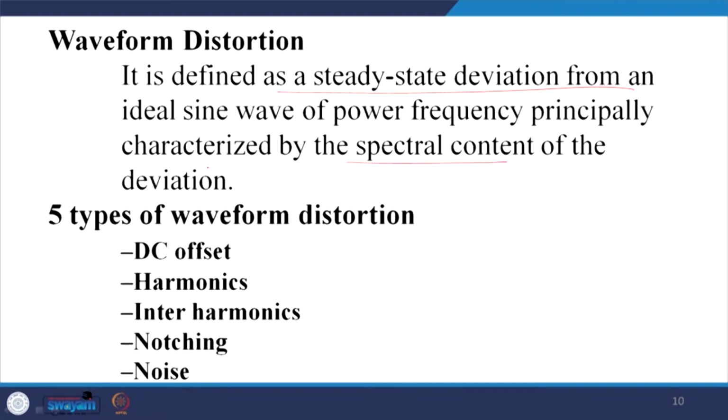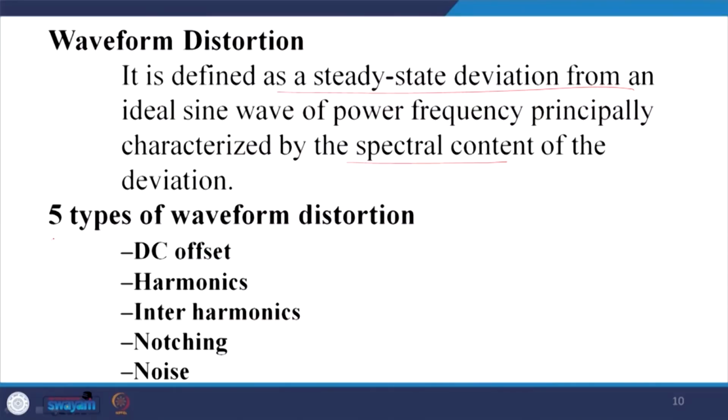So, you can do a spectral analysis and see whether you get only a fundamental. If you are getting only a fundamental, it is fine. Otherwise, there are 5 types of waveform distortion. This is DC offset. Generally, it is present when your positive area and negative area do not match, so you have some average value.